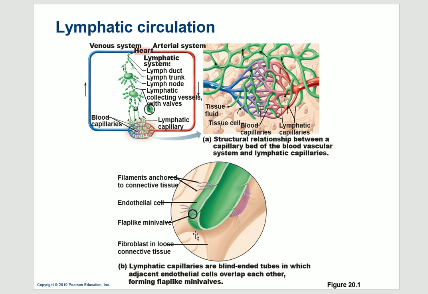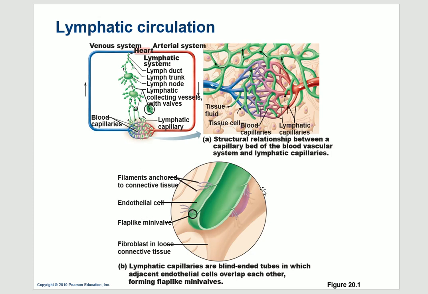And to keep it from collapsing in on itself, it's got these little filaments right here to tie to the connective tissue and prevent the lymphatic vessel from collapsing in on itself from either the tissue weight surrounding it or the cellular fluid around it.